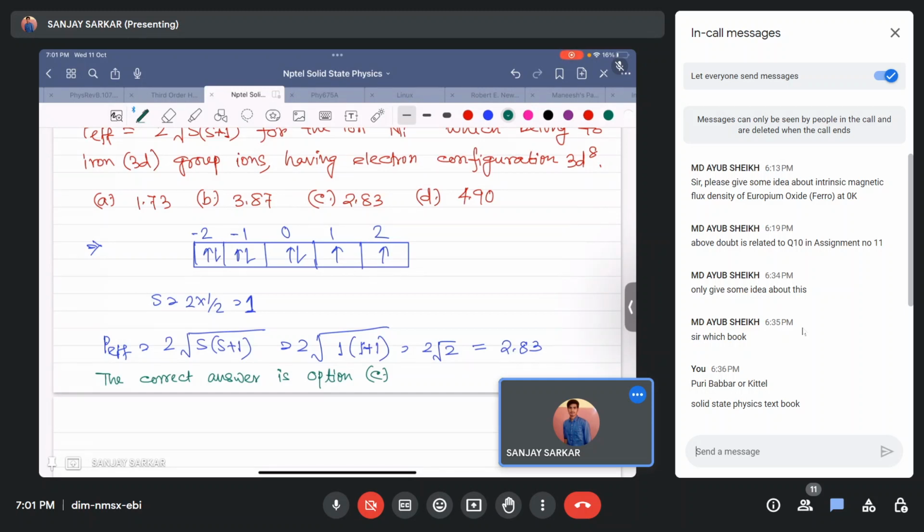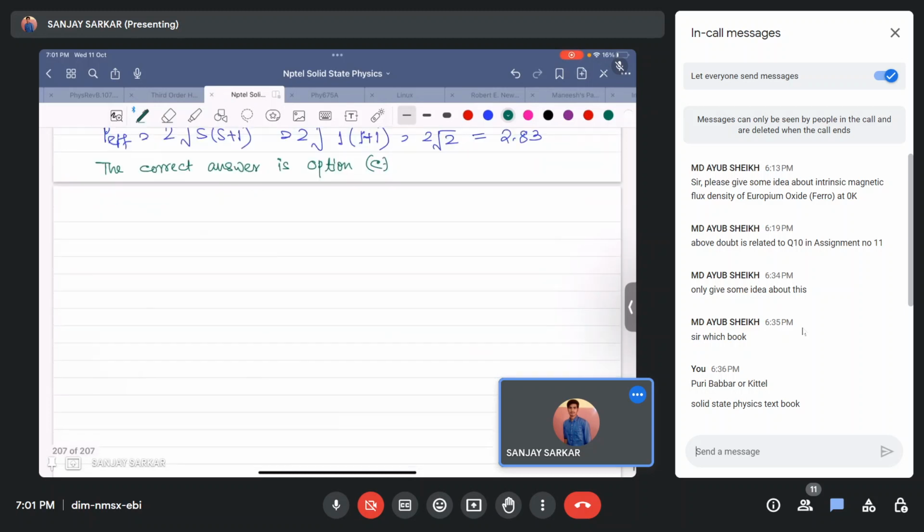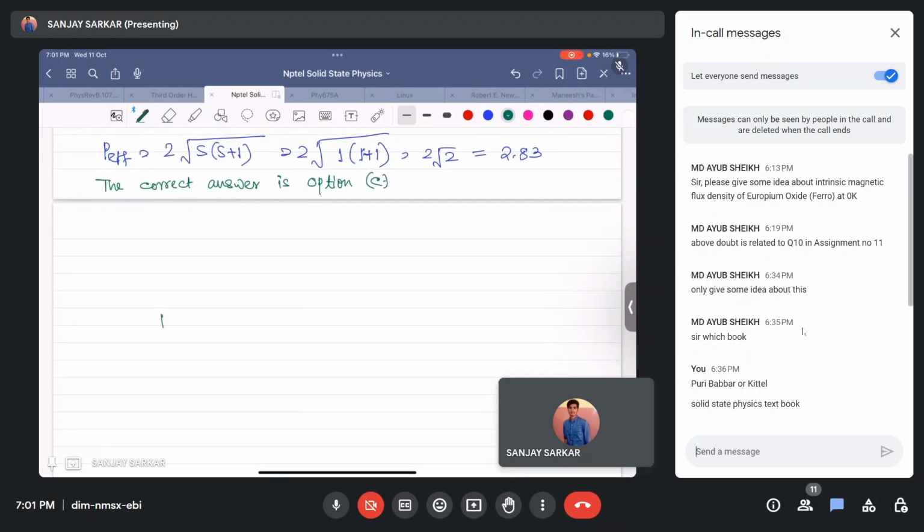There is some other equation, you can finally get this formula: 3k Tc divided by g mu b into j into j plus 1. In this formula, you know Tc, you know k, you know j and g, all of these are given. So using those values you can calculate what is Be.